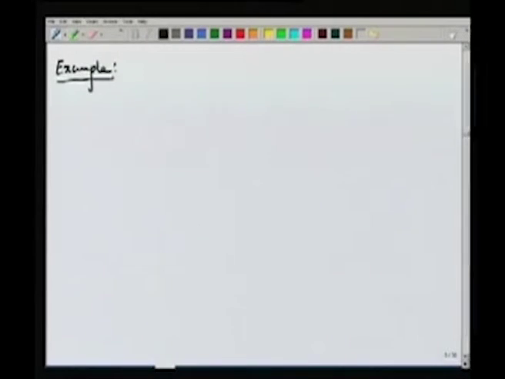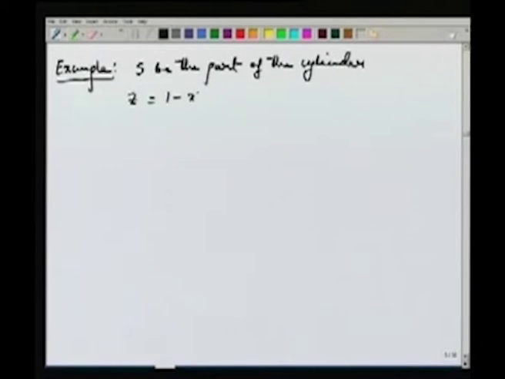So first we need the surface. Let S be the part of the cylinder z equals 1 minus x squared, where y lies between minus 2 and 2.